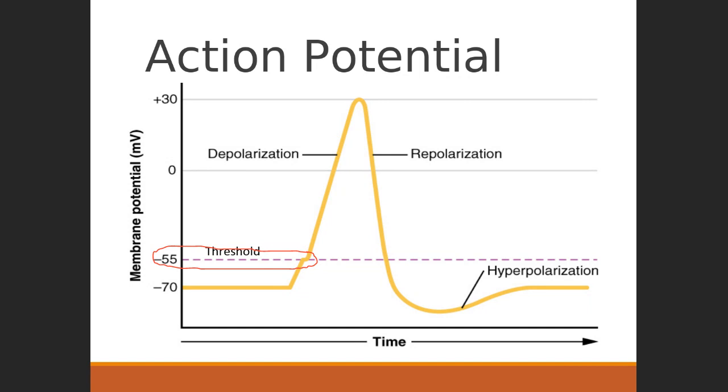Voltage gated channels operate as an all or none. We hit that threshold, they open up fully, or we don't hit that threshold and they stay shut. But as soon as we hit that threshold, we will get the rest of this pattern automatically. There's no stopping it once it starts.